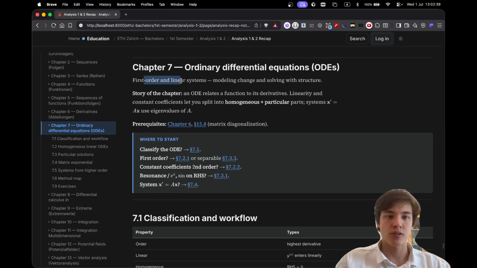If it's first order and linear... An ODE relates a function to its derivative. Ordinary means it only depends on one variable. Linearity and constant coefficients let you split the homogeneous and particular parts.